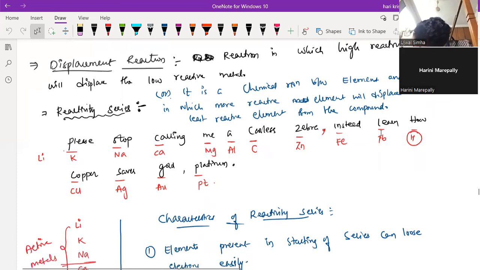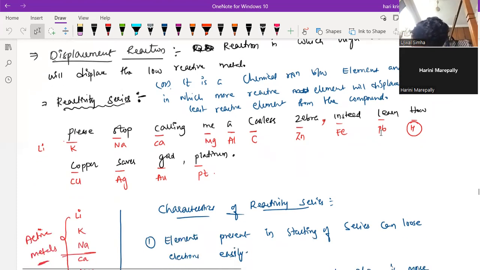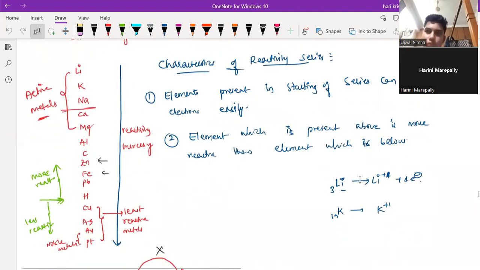Suppose you take lithium. Is lithium more reactive or less reactive? In the displacement series: lithium, potassium, sodium, calcium, magnesium, aluminum, carbon, zinc, iron, lead, hydrogen, copper, silver, gold, and platinum.